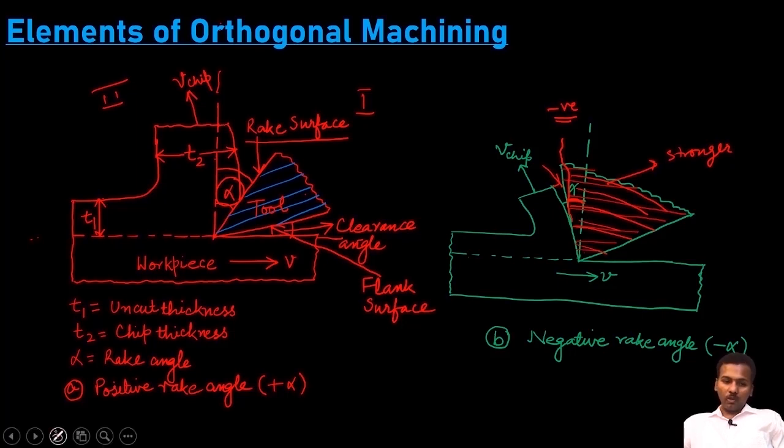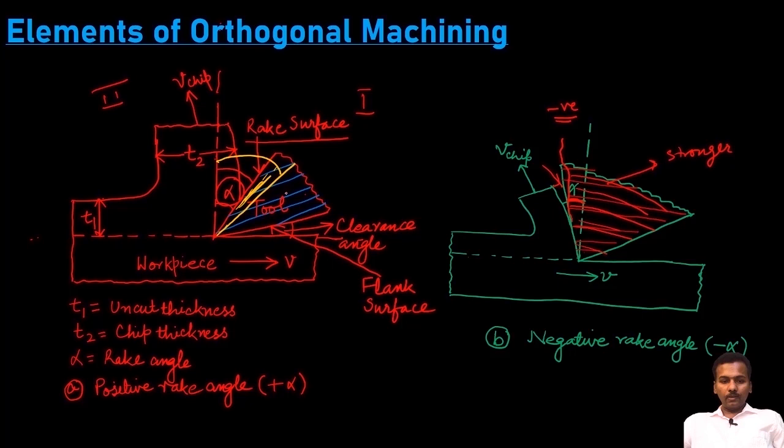Suppose we want to increase the rake angle, so we have removed extra material here. Now the alpha angle is increased. What happens, this tool now becomes weaker, and there may be a chance that the tool life will decrease.